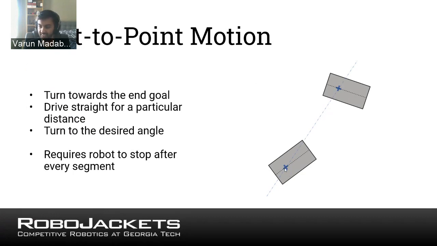Once the cross is reached, you rotate until you're in the final pose, so you rotate again using another PID loop. Here you make three separate motions: rotate, stop, drive, stop, rotate, stop. This might be covering the shortest distance possible, but it is definitely not the quickest way of getting from point A to point B.